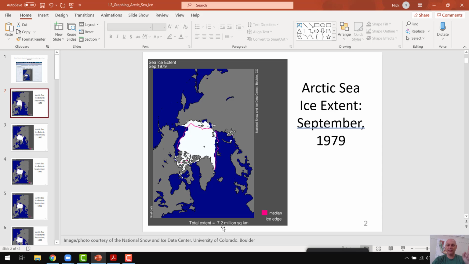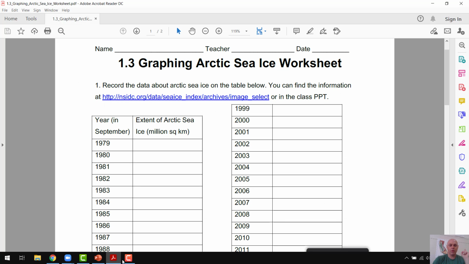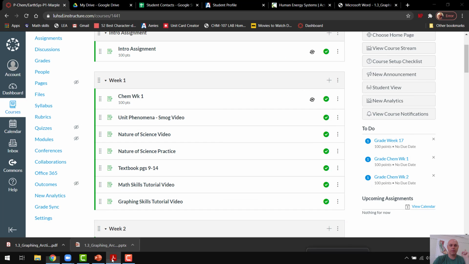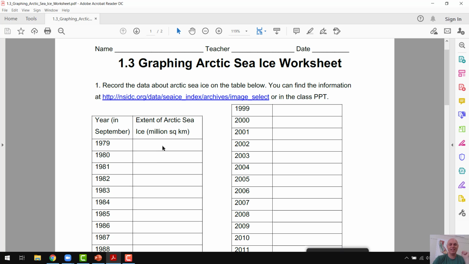So 1979, 7.2. I need to come over to my graph, and for 1979 I'm going to put in 7.2 because it's already in millions of square kilometers.